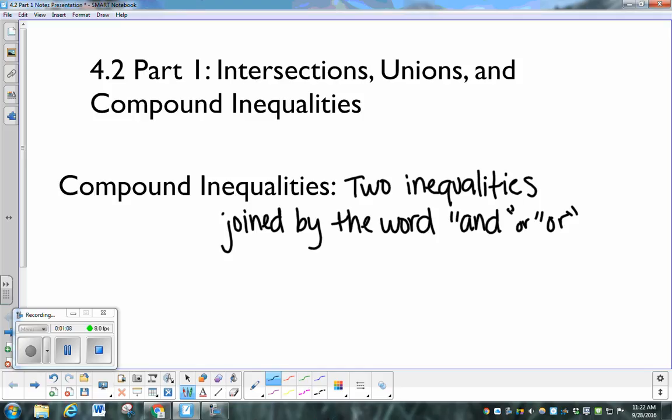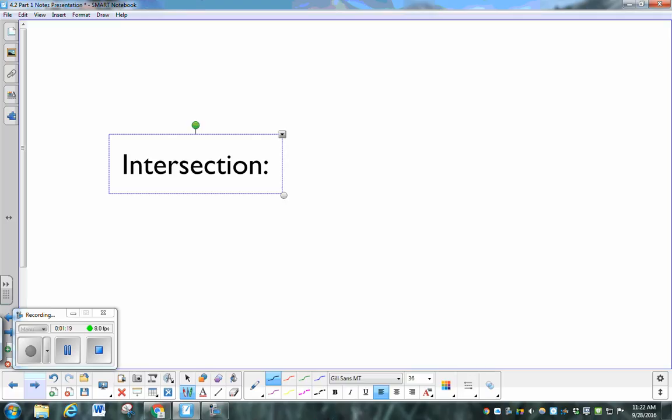When we talk about inequalities that are joined by the word and, that's called the intersection. I'm going to go to the next page here, so if you need to pause, do so. That's called an intersection.